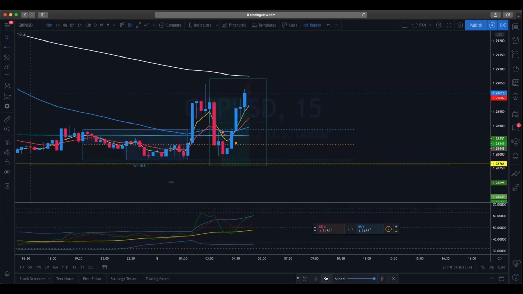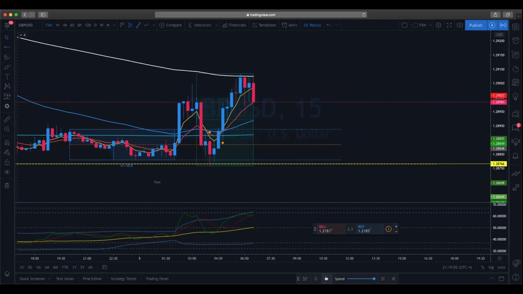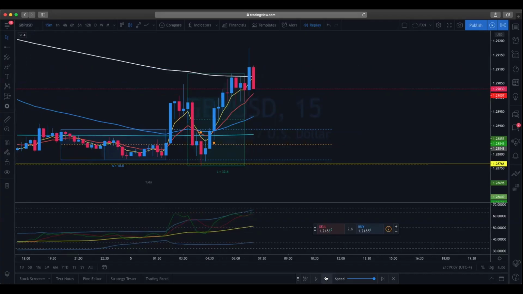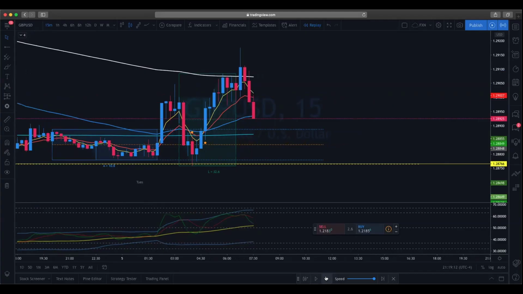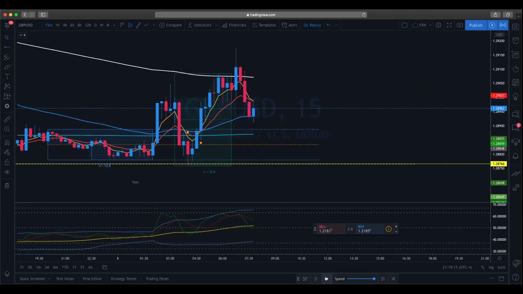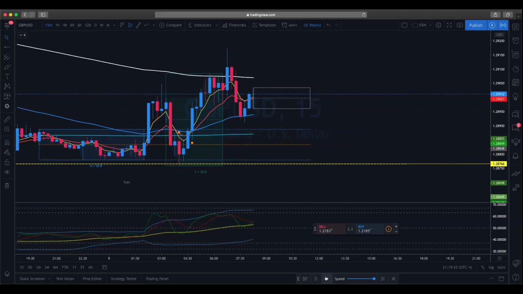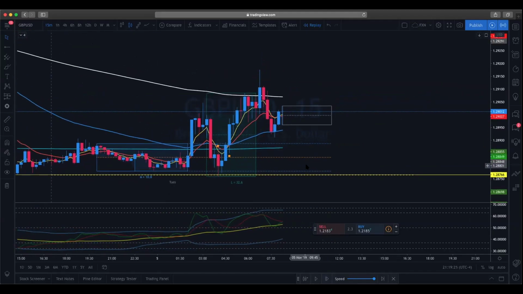Too much pullback, right? All right, so far you have a crazy pullback all the way to the 200, right?